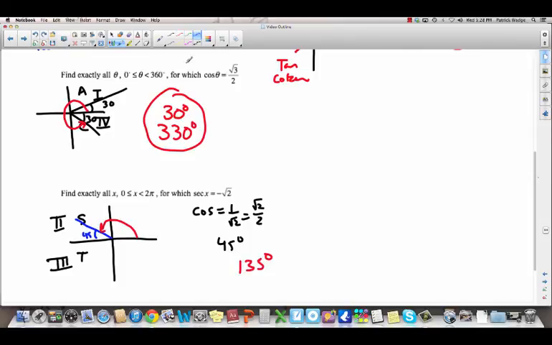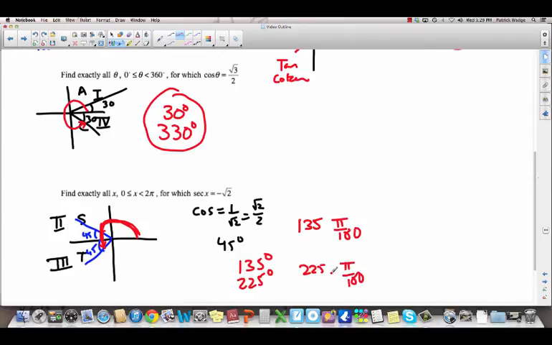And it also means we have a 45 degree reference angle in this quadrant. How much is the entire angle then? If we have a reference angle of 45 in that quadrant, it's 180 plus 45, which is 225 degrees. Whoops, I'm not finished, because since this question was in radians, we need to express our answer in radians. So I need to switch 135 into radians, and I need to switch 225 into radians.